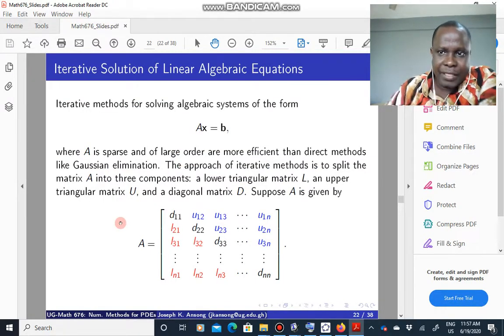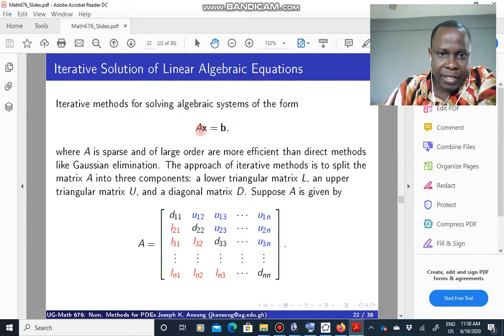So the idea for this so-called iterative method is basically we start from here. Given an algebraic system of equations like this, how can we solve it efficiently, iteratively? In other words, solve one equation at a time till you get a final solution.